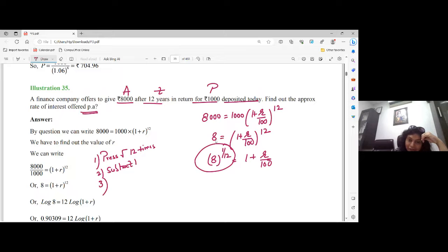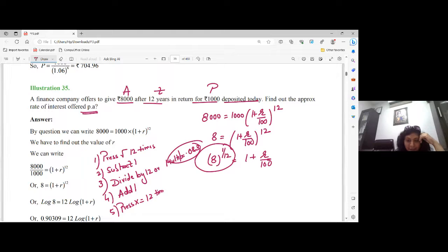Then, to find the inverse power, divide by 12, or you can say multiply by 1/12, that is 0.083, if we take the fractional value. Then again add 1 and then press multiply-equal 12 times. This is the method through which you can find 8^(1/12).